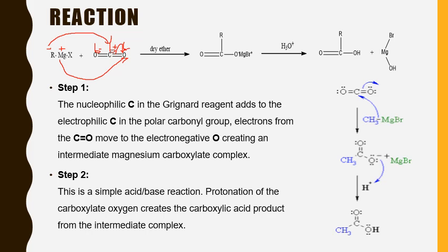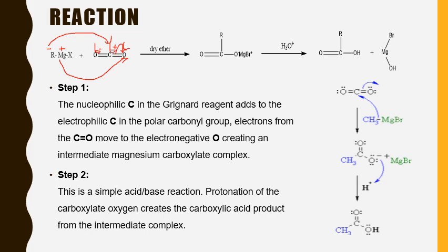The alkyl R group is represented in blue, MgBr is represented in green and CO2 is in black, so that you can see which part is coming from which reagent in the final product.